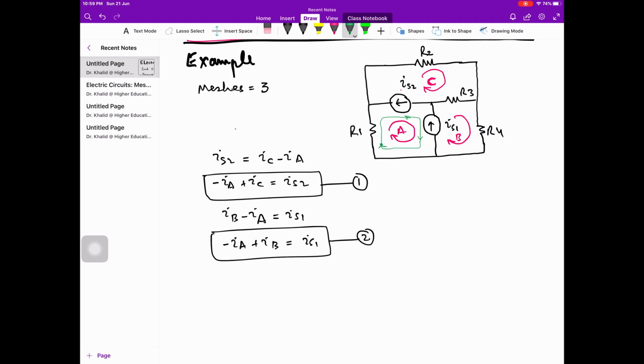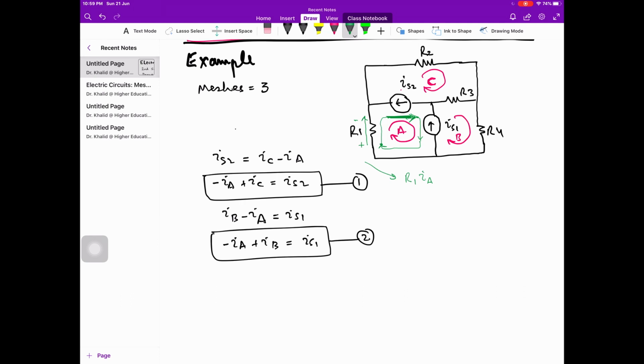We can find the voltage drop across R1, due to the current IA flowing through it. But what is the voltage drop across the current source?